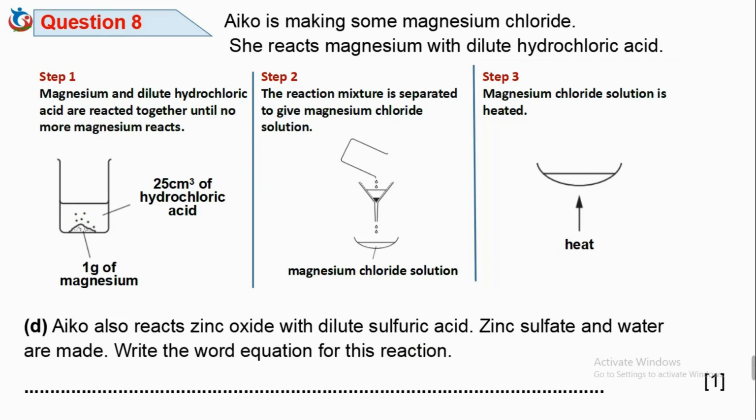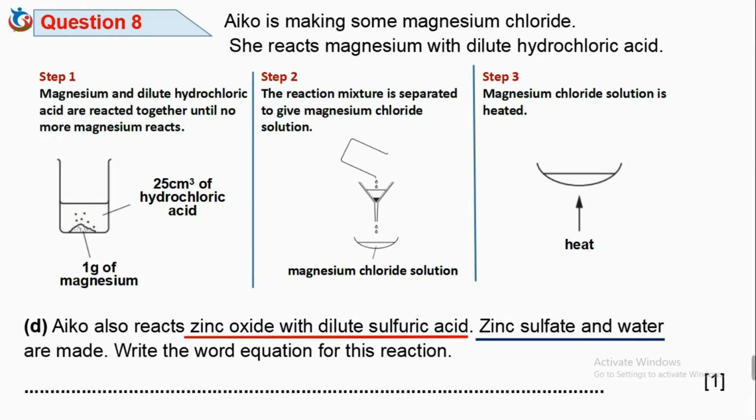Question 8d. Aiko also reacts zinc oxide with dilute sulfuric acid. Zinc sulfate and water are made. Write the word equation for this reaction. If you take a good look at this question, both the reactants and the products of the reaction are already stated. All you have to do is write them out.